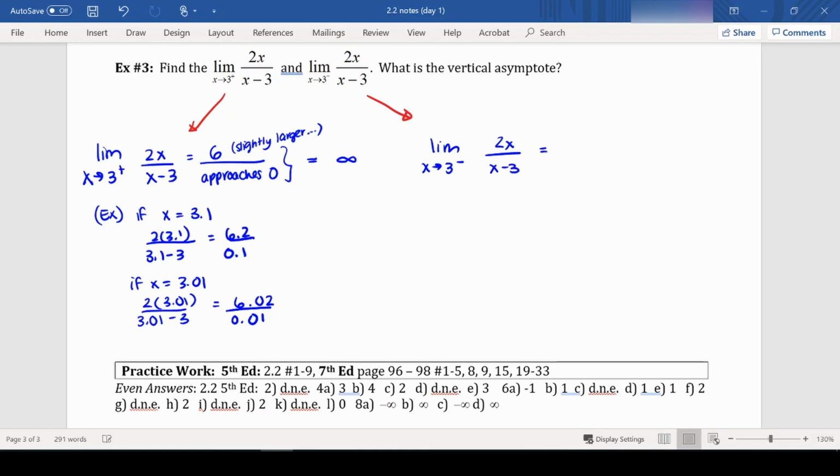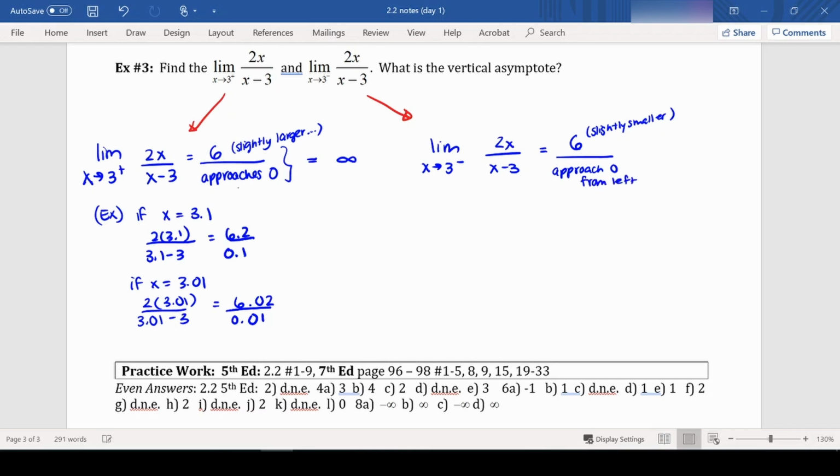So again, if I plug in a slightly smaller number on the top, something like 2.9, the top is going to approach 6, but it's going to be slightly smaller. Okay. The bottom is going to still approach 0, but it's going to be negative.